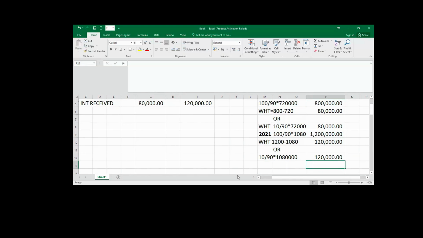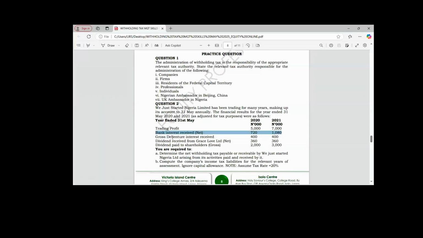After the first category, another transaction we have is gross debenture interest received. Look at that word gross, please. Did they suffer any withholding tax before they collected this amount? No, sir.